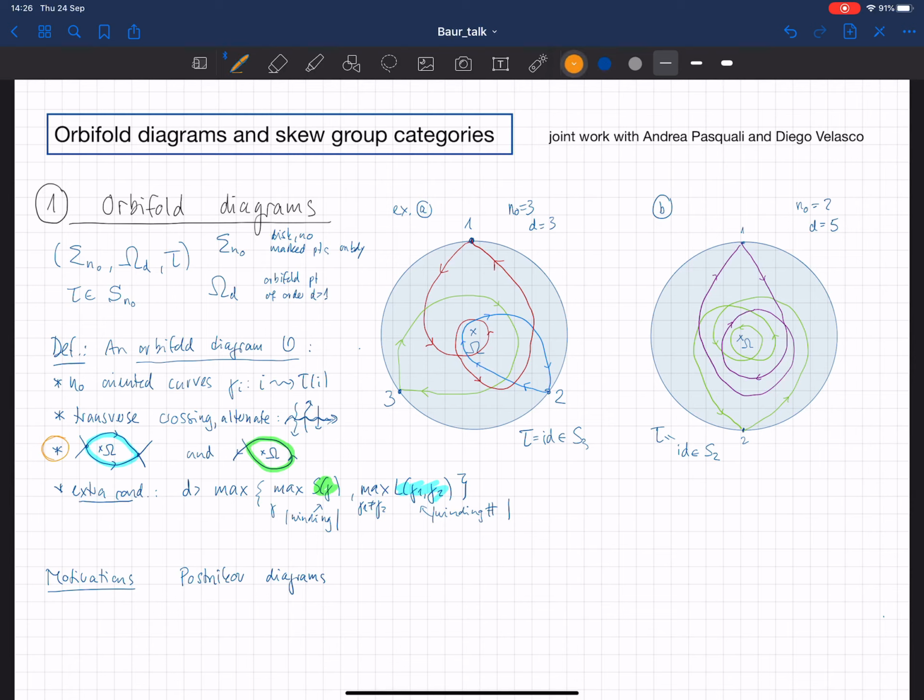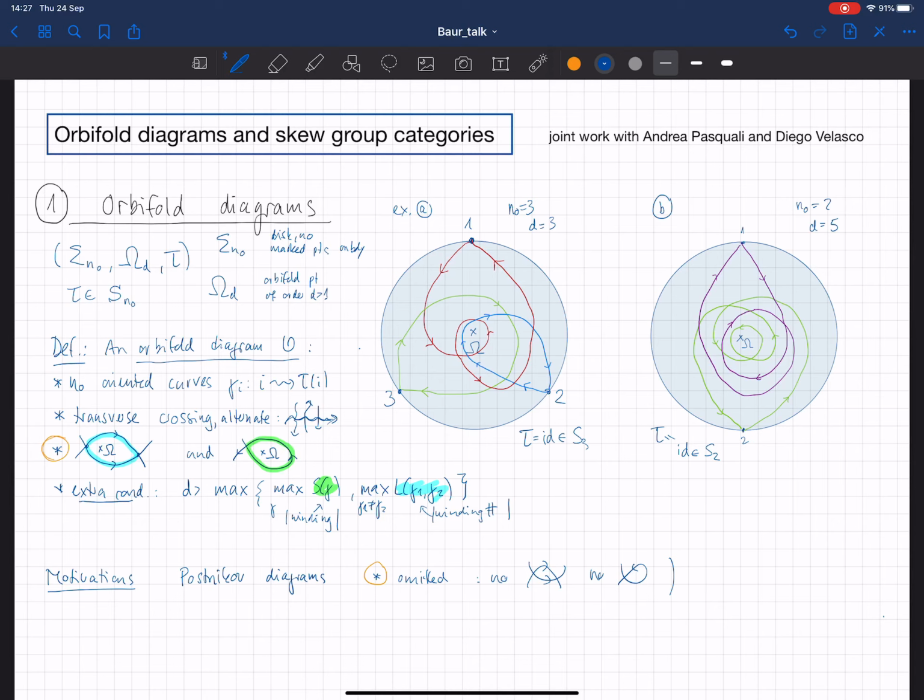So this extra orange condition is omitted, which means no such things and no self-crossings are allowed.